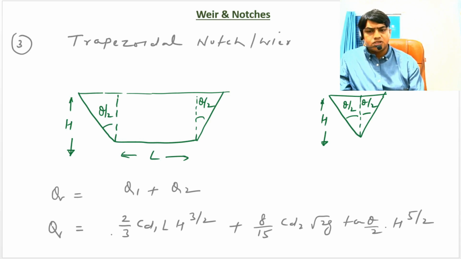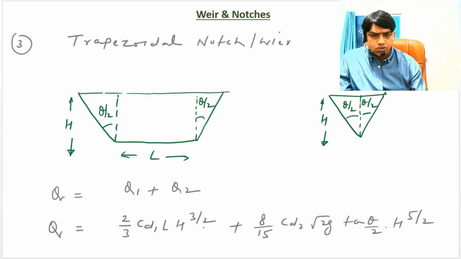With the help of this we can compute the discharge in the trapezoidal notch. If the coefficient of discharge is the same, we can take CD and the square root of 2g common.